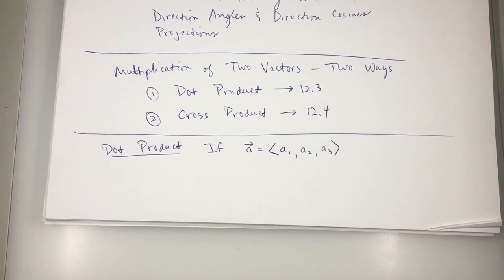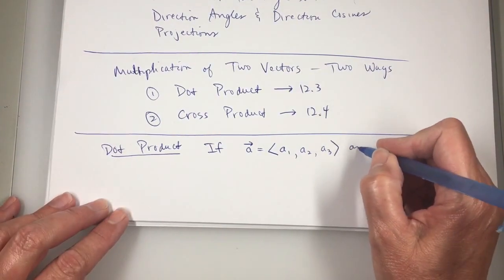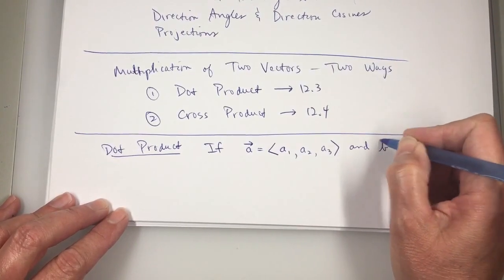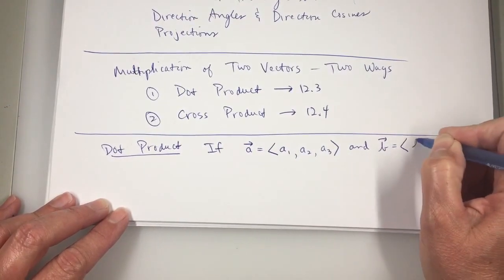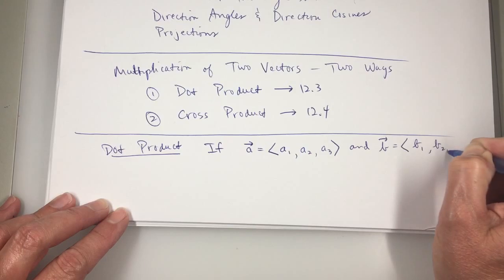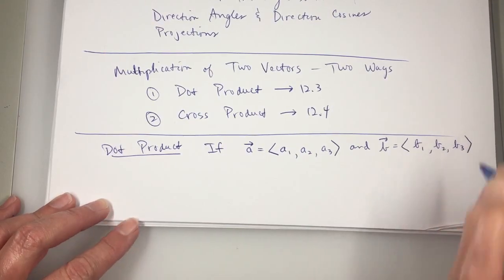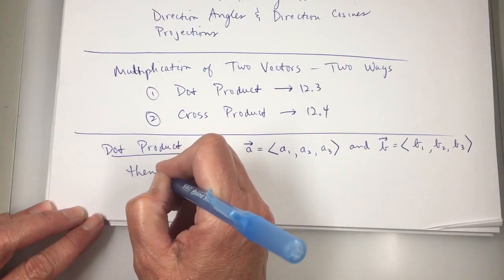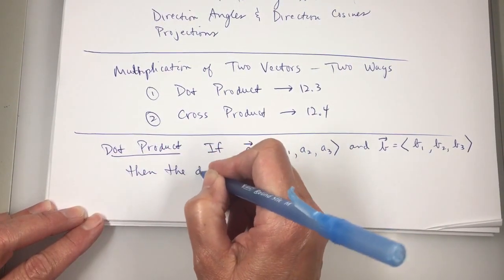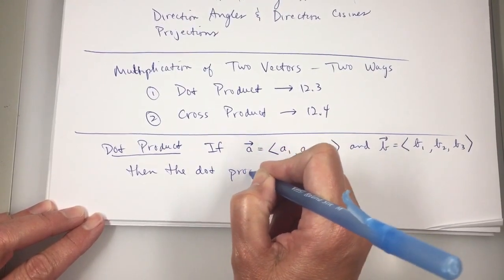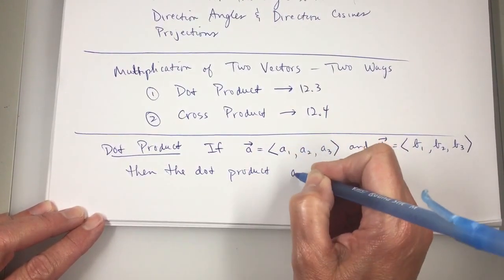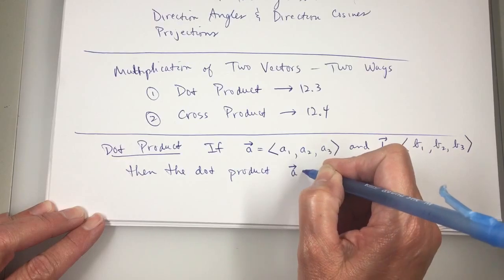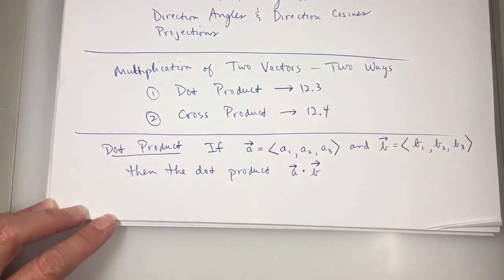So if vector A has those components and vector B has B1, B2, B3, then the dot product, we'll write it vector A with a dot, vector B.